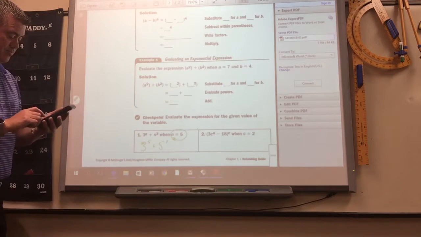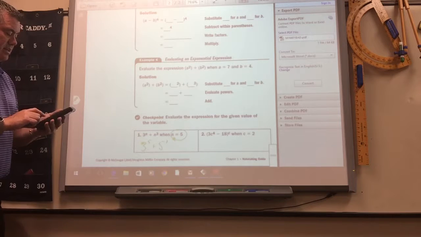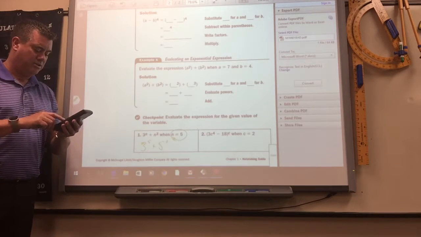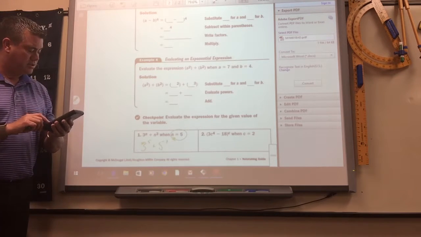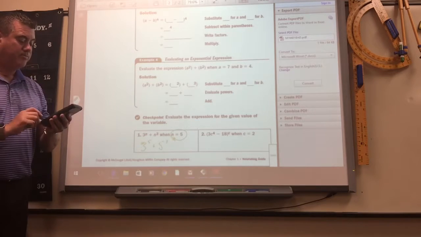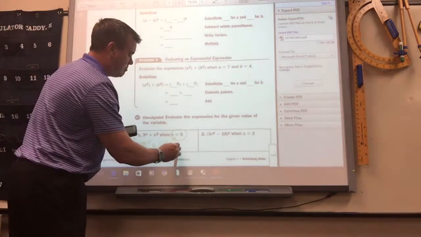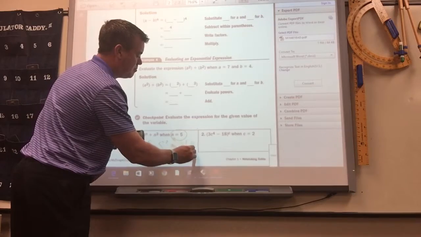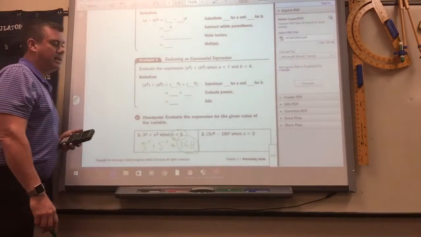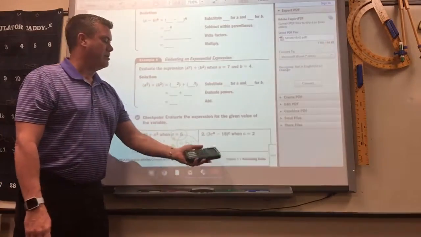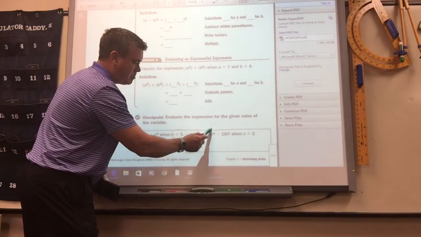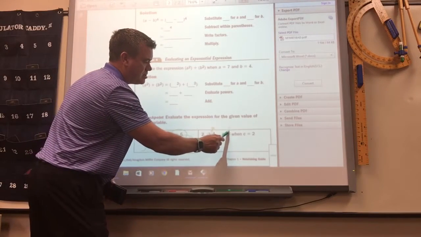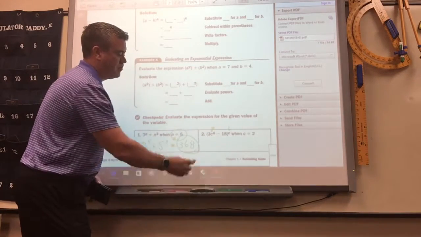So you can punch that in exactly the way it looks on the calculator. 3 to the 5th plus 5 to the 3rd is 368. This one has parentheses around it, so you got to replace that c and this c with a 2.